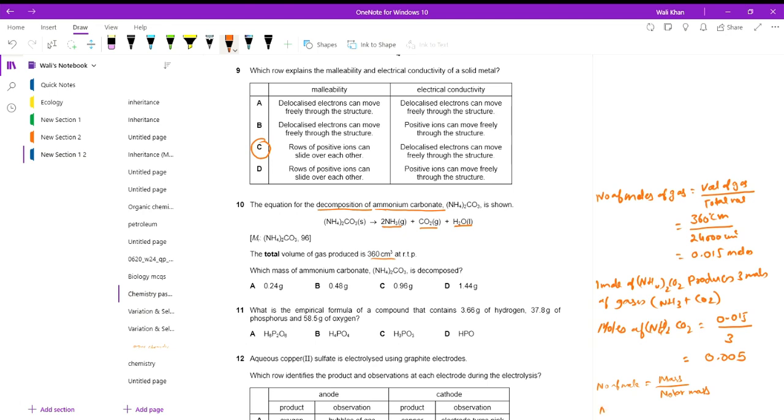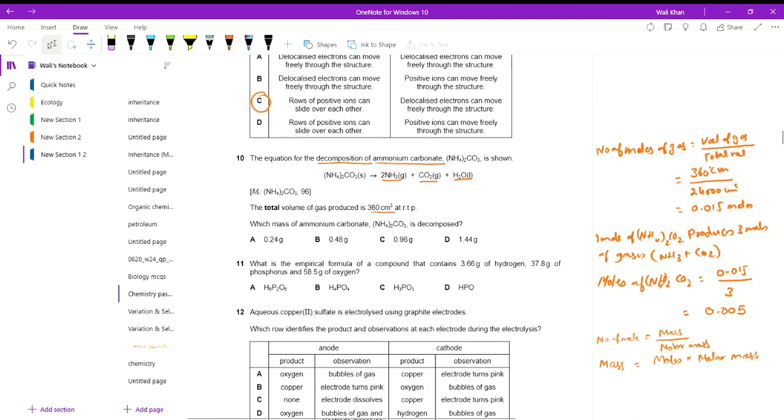Rearrange this formula: mass is equal to moles multiplied by molar mass. Now put down the values: 0.005 multiplied by the molar mass, which is 96. So the answer is 0.48 gram. So the option is B.